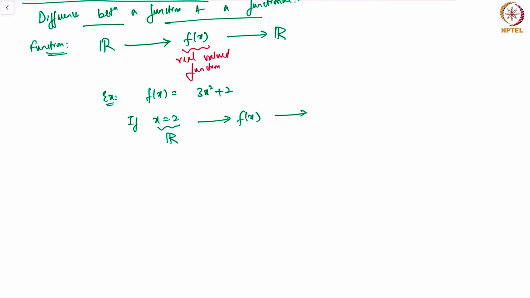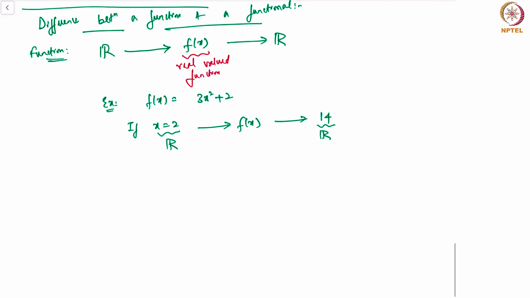The output is 3x squared, that is 3 times 4, that's 12, plus 2, that's 14, which is another real number. Okay. So that's what a function does. It takes an input and gives us an output, which is also a real number.